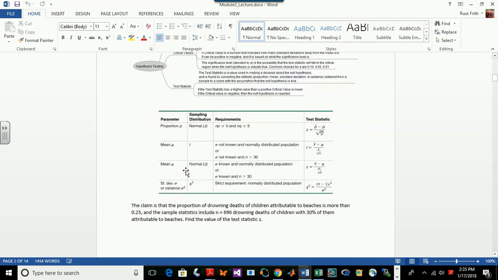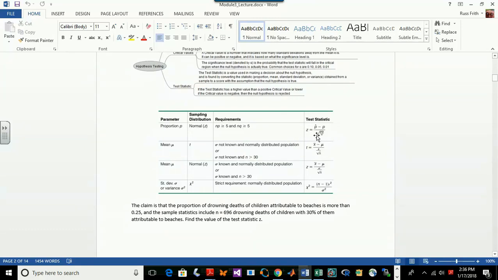Okay, so here's the table that shows you how. If you're analyzing a hypothesis about a proportion, and it turns out that the sample size times the proportion is bigger than 5, and the sample size times 1 minus the proportion is bigger than 5, remember, Q is 1 minus the proportion, then the sampling distribution is normal, and you use this formula for the test statistic.